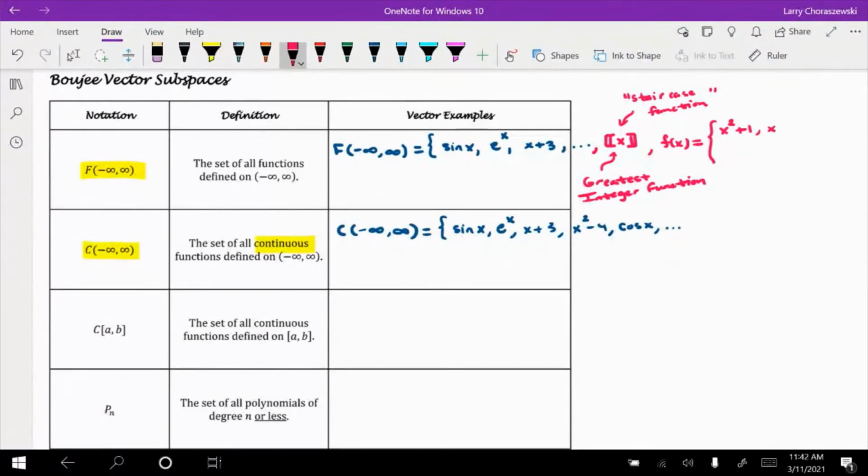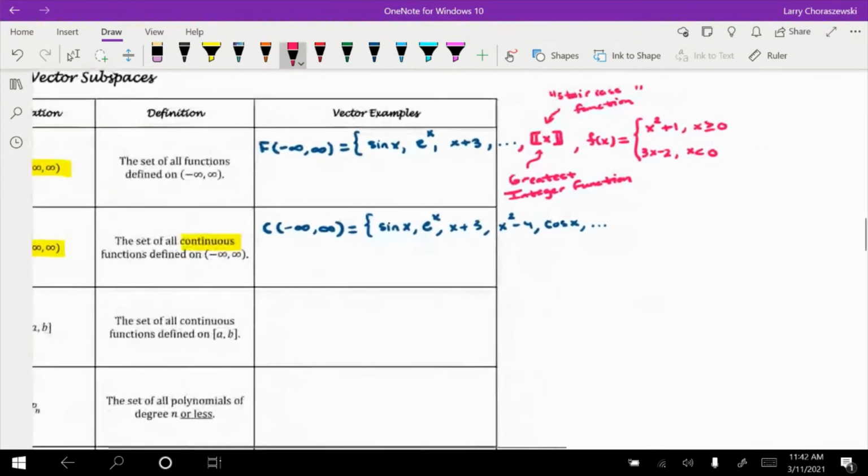We'll say x squared plus 1 if x is greater than or equal to 0, and 3x minus 2 when x is less than 0. This would consist of two pieces of a graph that are disconnected, but it would still have a domain of all real numbers. So these two functions belong in the set capital F, but would not belong in the set C because they're not continuous.